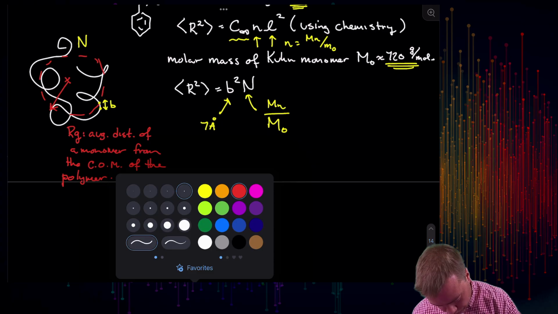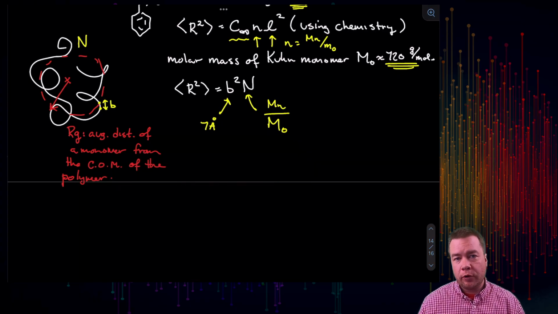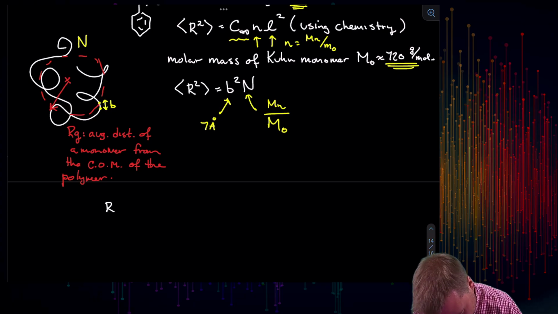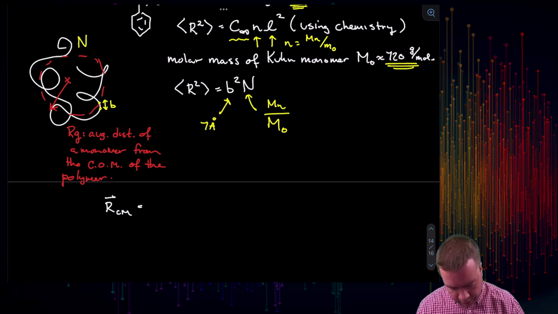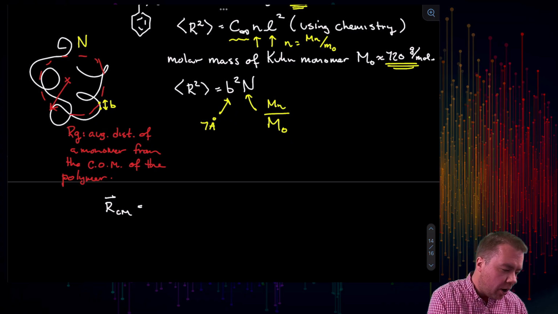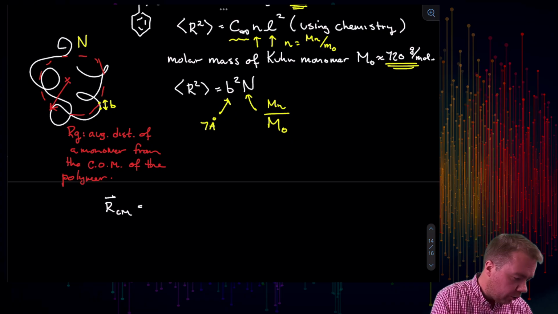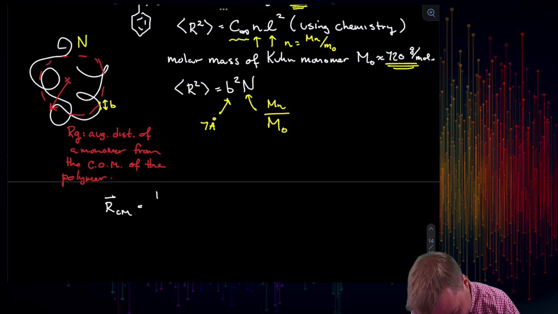So for example, if we wanted to actually derive a formula for the radius of gyration, which we won't do, but if we wanted to do that, we could calculate the center of mass position of the polymer chain. And we know that we have a certain number of monomers in there, right? We've got capital N Kuhn segments. And so we could calculate this by getting the average position of all of these things.